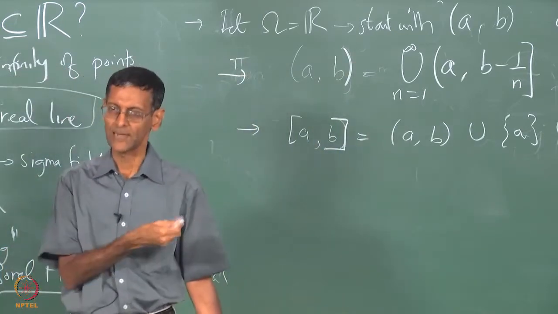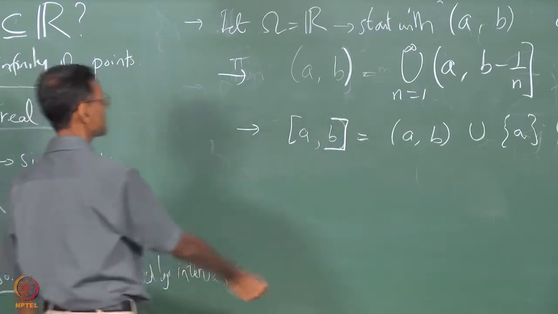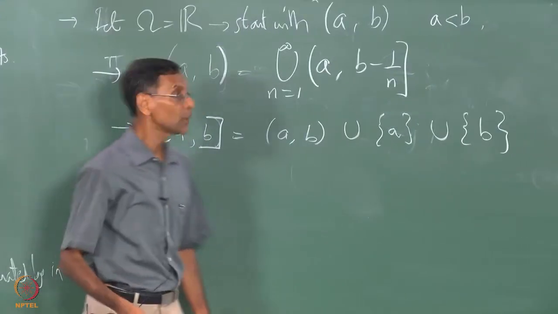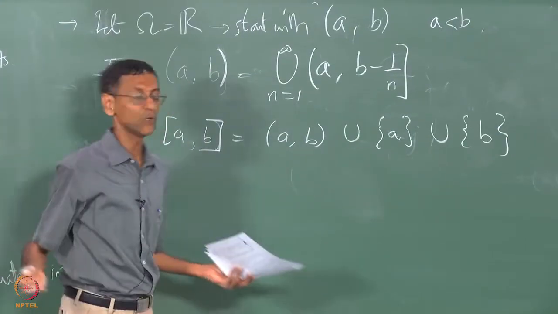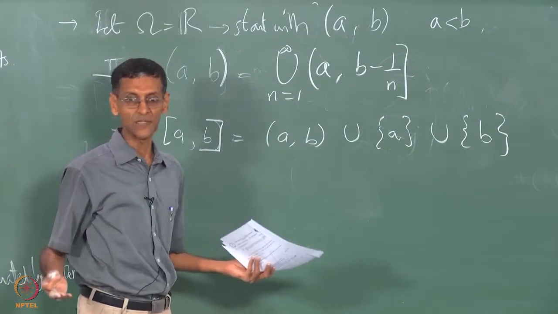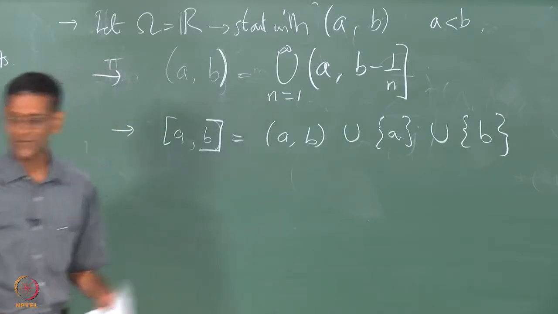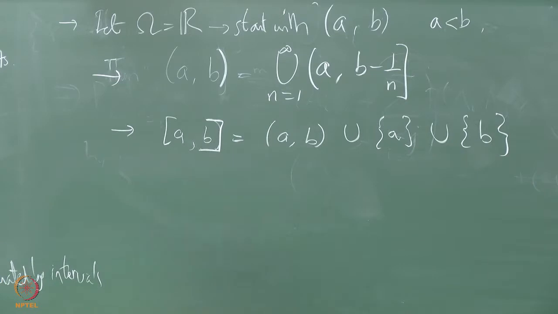Of course, we are not just going to do this. We are going to take the complement of (a, b), and take unions of disjoint intervals, and so on and so forth.